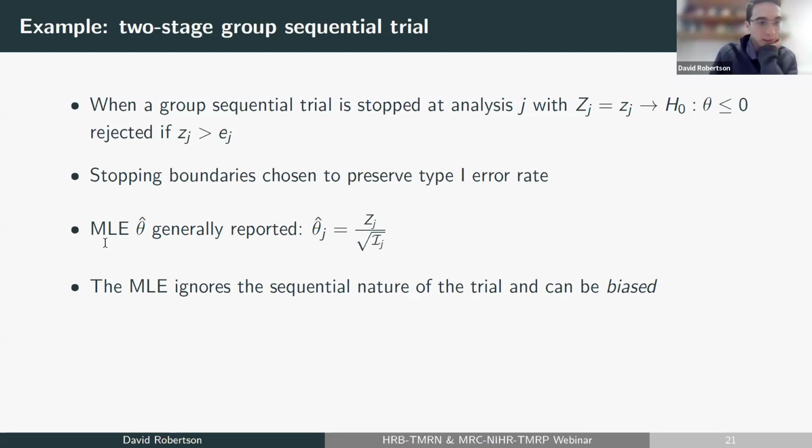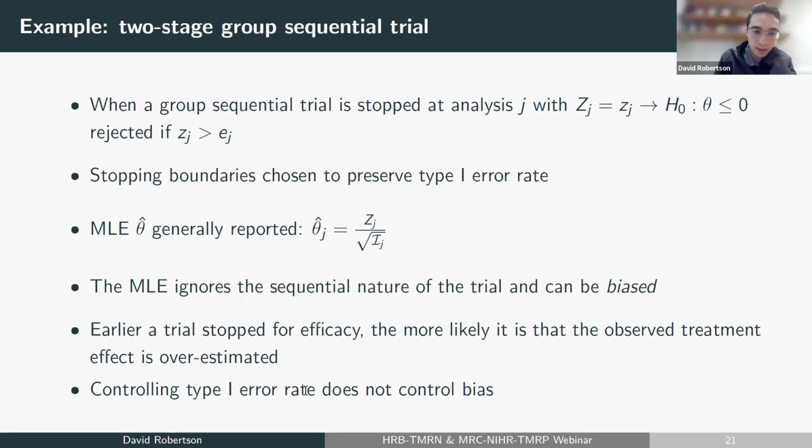Typically, we'll report the MLE, which is just equal to this test statistic divided by the square root of the information. As already highlighted, this ignores the design of the trial, the fact that we've collected data in this sequential manner with the possibility of early stopping, and it can be biased.